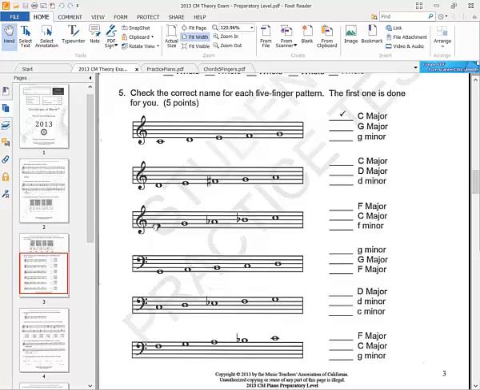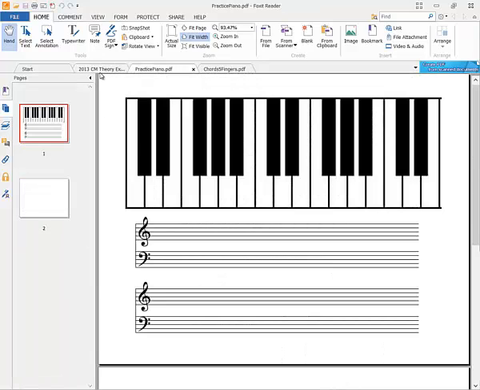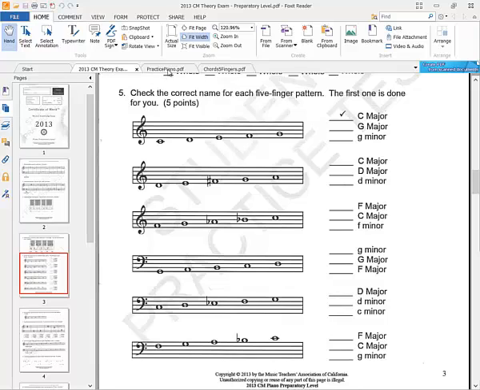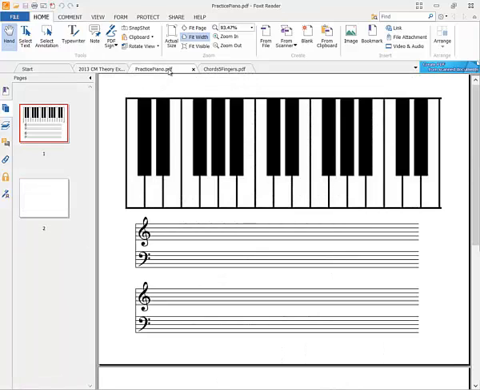Let's look at this one right here. Okay, so figure out the bottom note. The bottom note is F. The middle note is A flat, okay? So let's put these notes, this F and this A flat, on this little practice piano, which you can have side by side on your test, and you can look at both at the same time.